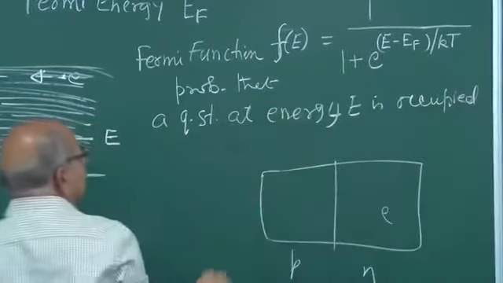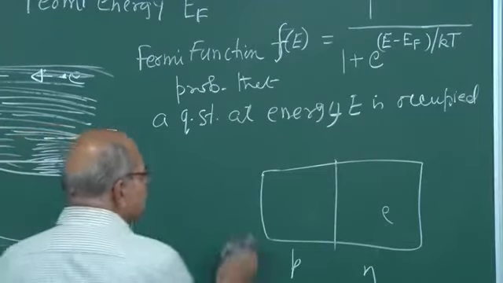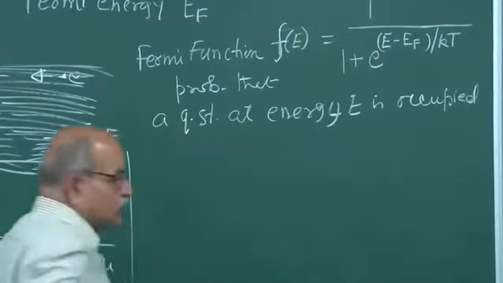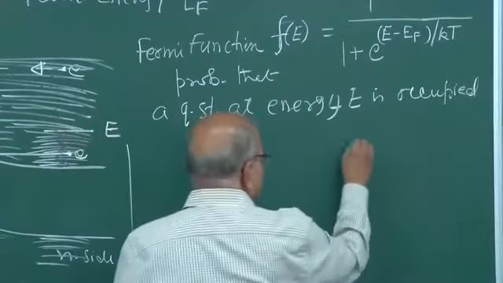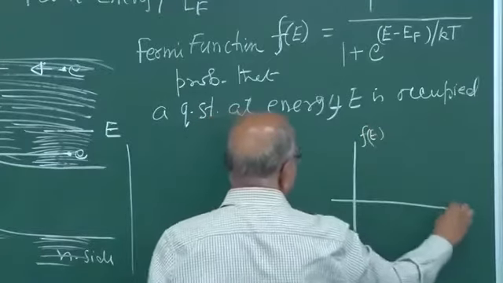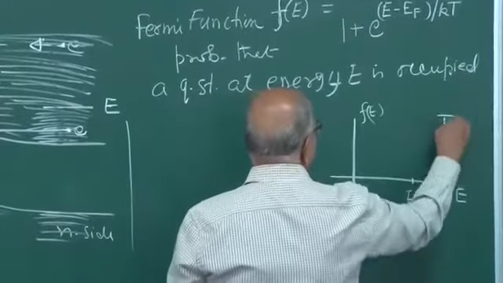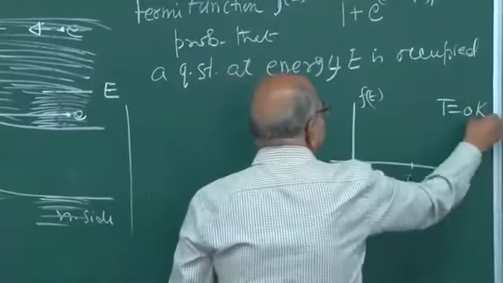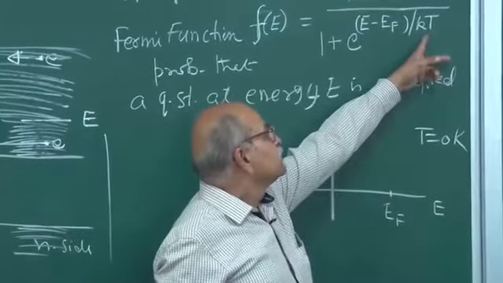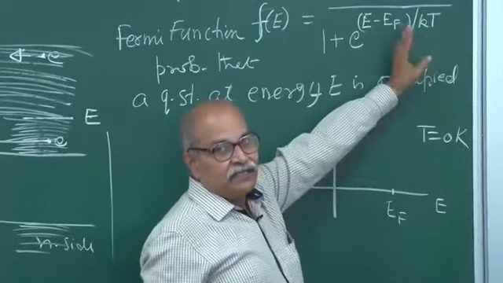Now if you plot this function, first let us plot it at T equal to 0, capital T equal to 0, and see what happens. If you plot f(E) here and E here, and suppose this is EF, and suppose T is 0 K. If T is 0 and this is in the denominator, this will be infinity.